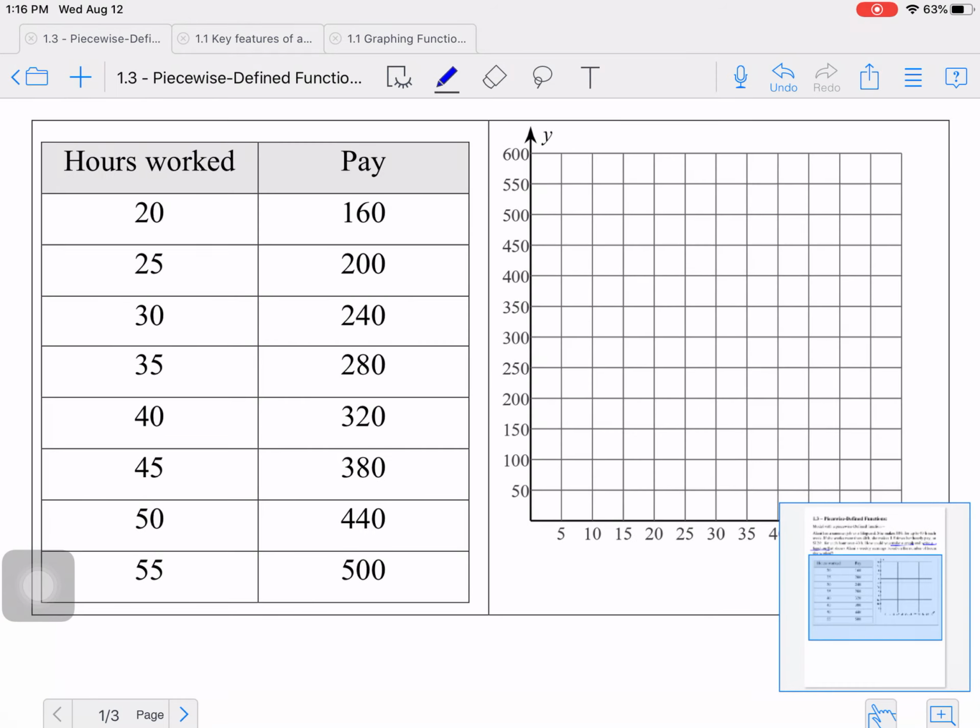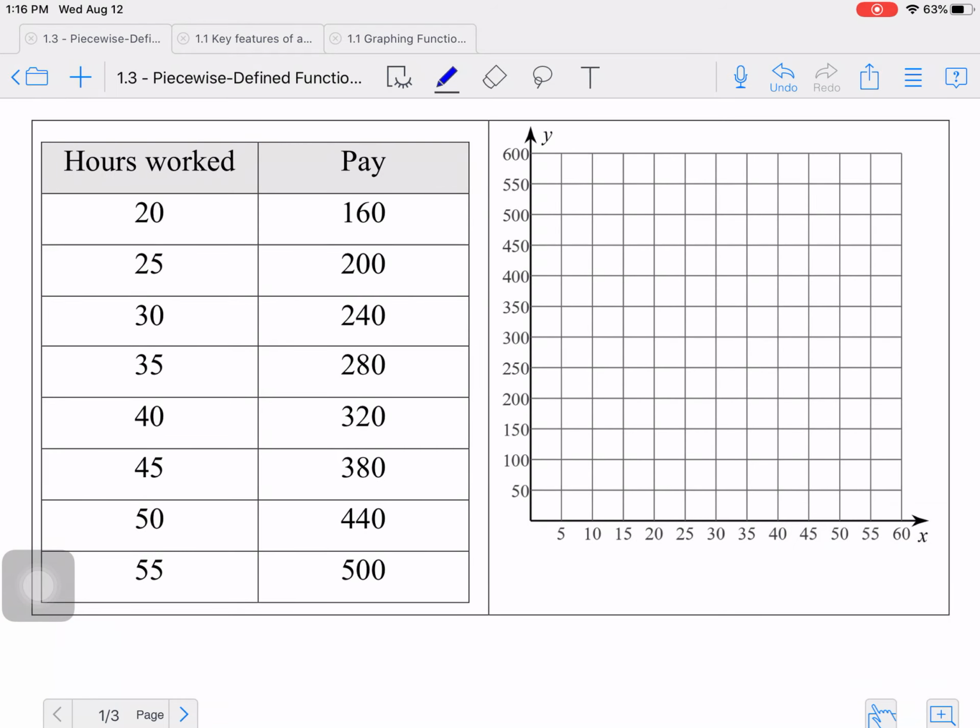So when she worked 20 hours a week, she got paid $160. This is the hours, and this is the pay. For 20 hours, she got 160, which is right there.